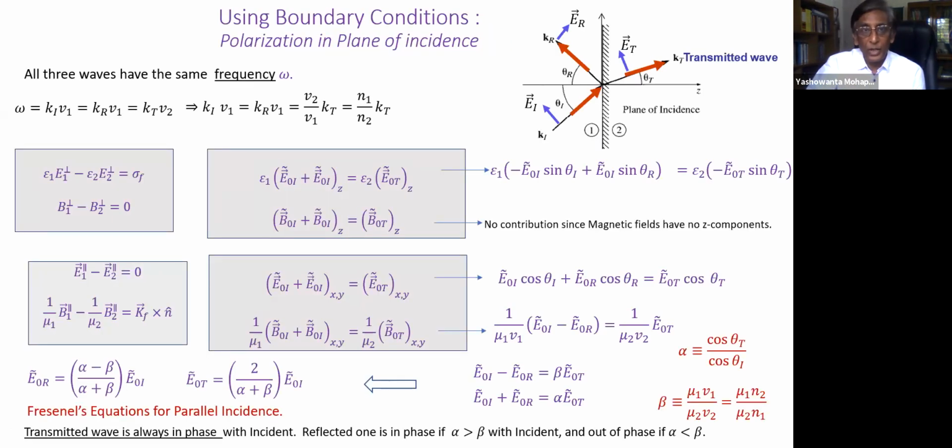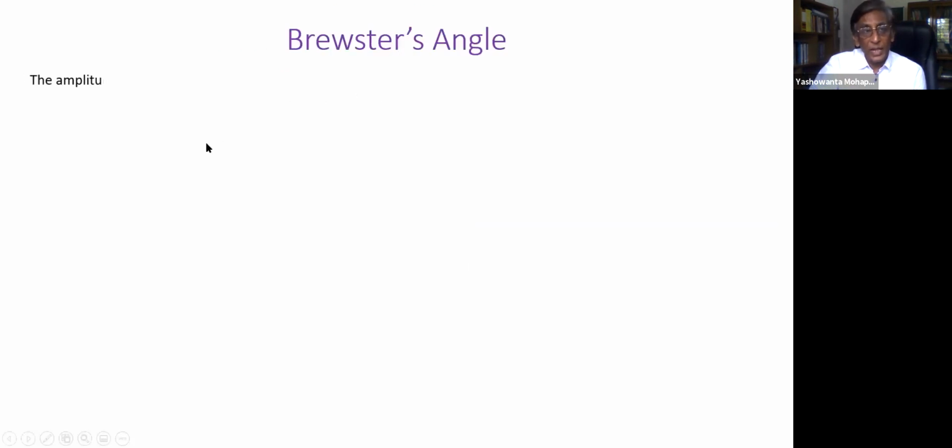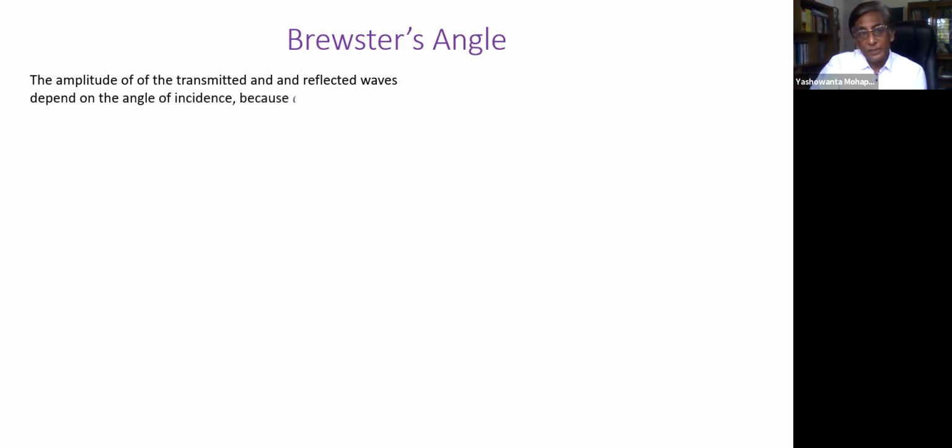The amplitude of the transmitted and reflected wave depends on the angle of incidence, because alpha is a function of the incident angle. You remember, alpha is cos theta t by cos theta I. So alpha and beta depend upon the angle, and beta is of course just this.